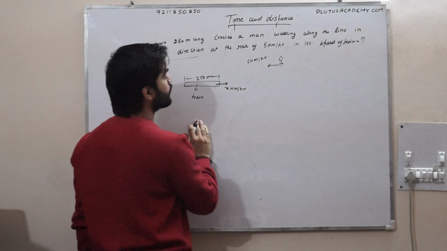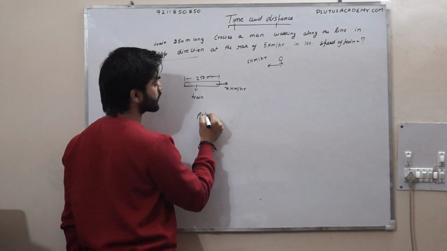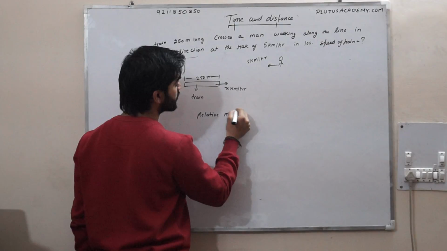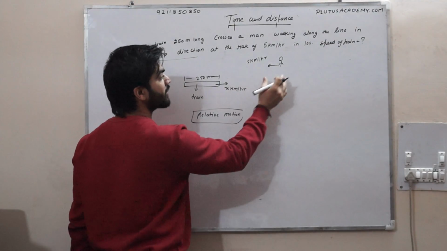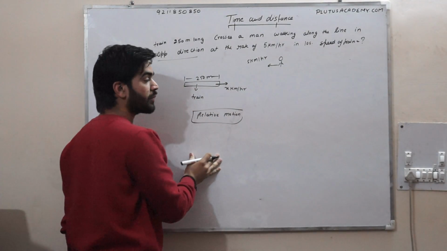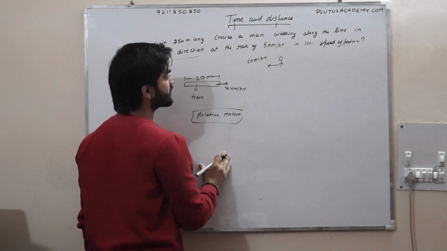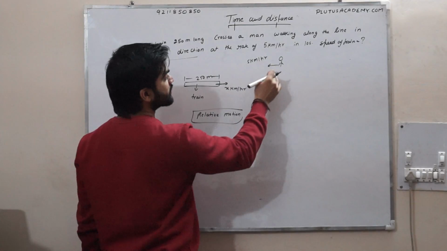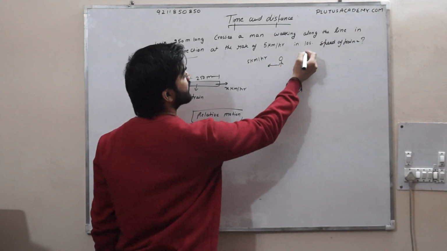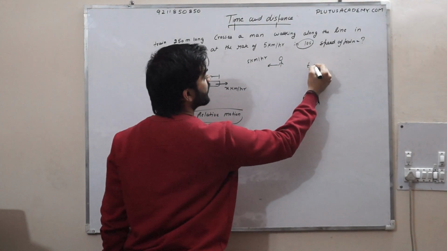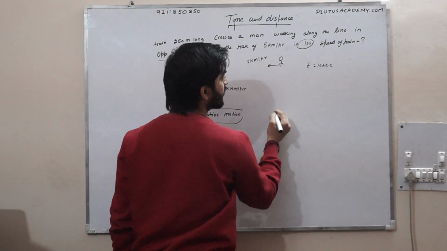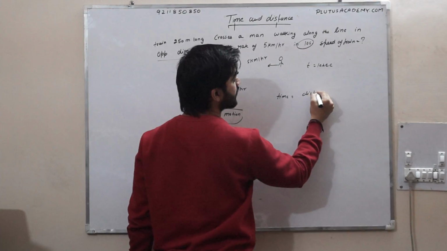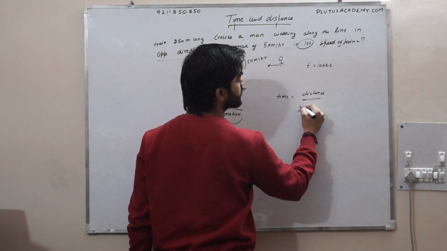So what we can do? It's a concept of relative motion. Relative motion means both things are moving. Train is also moving, man is also moving. So what is the concept here? It means you can say if this train crosses this man in 10 seconds, so you can say time is equal to distance upon relative speed.